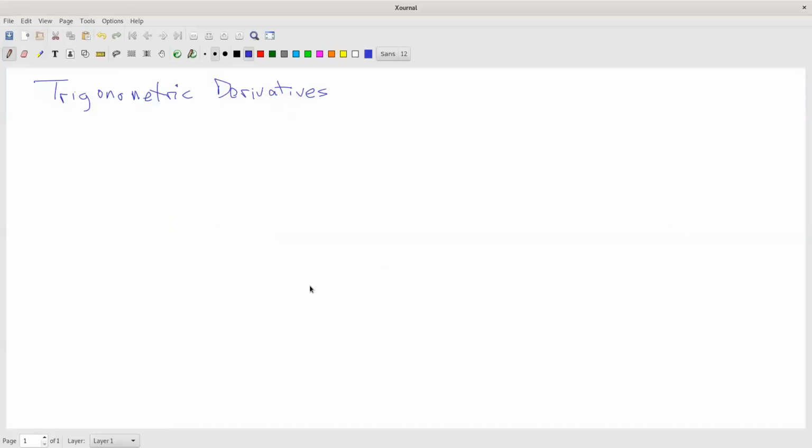So according to the textbook in their proof, the derivative with respect to theta of the sine of theta is the cosine of theta. And what I am going to justify right now is the derivative of the cosine of theta by going back to the definition of the derivative.